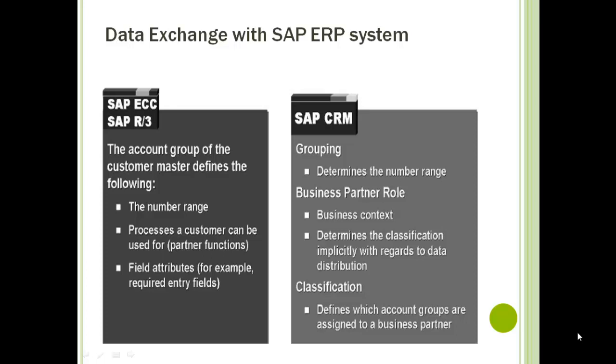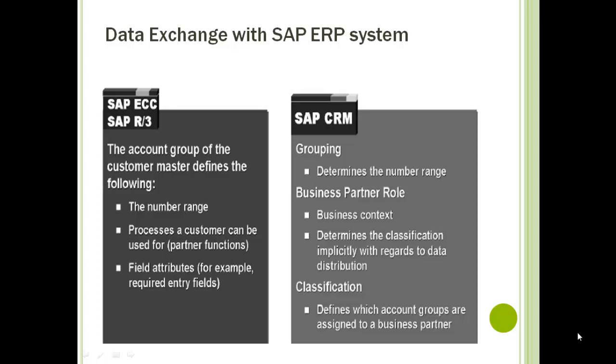Okay. So the ERP system and SAP CRM system can also incorporate different concepts for the number range assignment, the data display and data usage. Following these, it is not possible to use the business partner role and grouping for mapping to account group. Instead, you must use the classification.